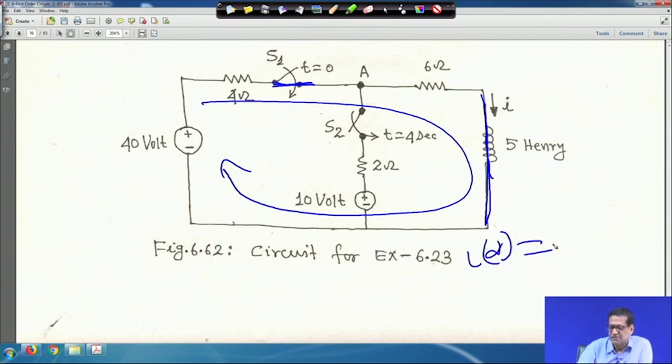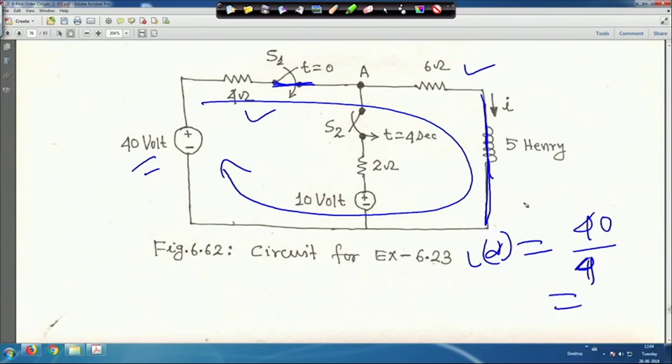So, I infinity will be, this is 4 ohm and 6 ohm, this is 10 ohm in series and this is the 40 volt. So, it will be 40 by 10 is equal to 4 ampere. So, I infinity is equal to 4 ampere, right, that is, an initial value of I 0 is equal to 0 and I infinity is equal to 4 ampere.